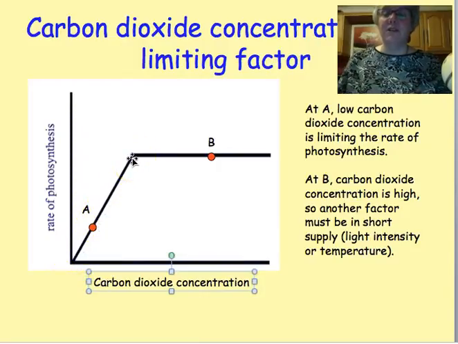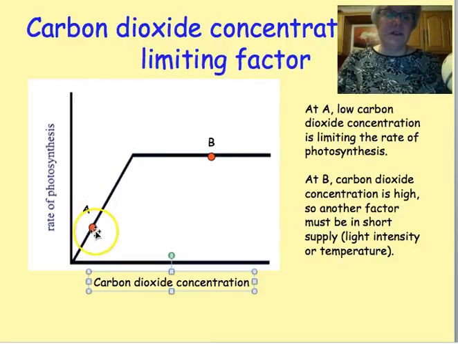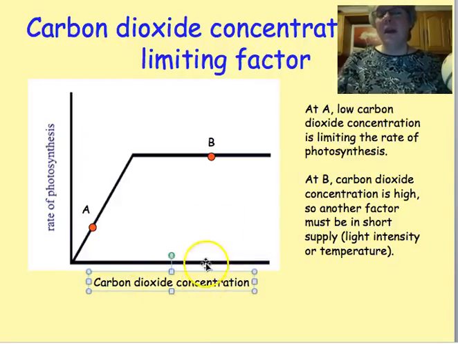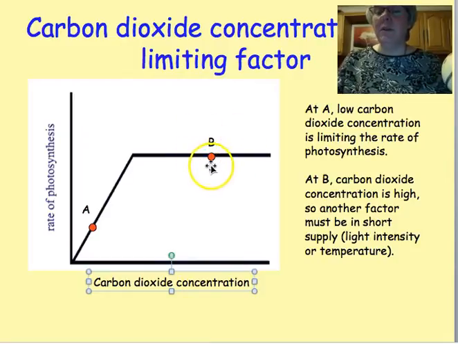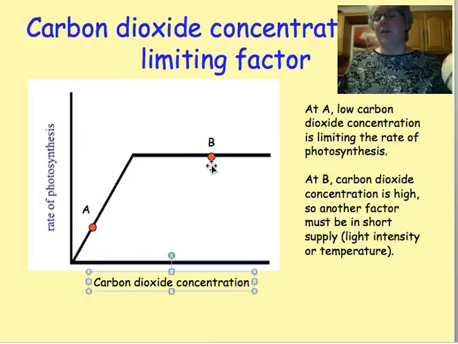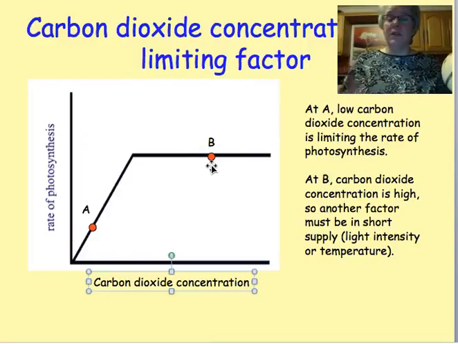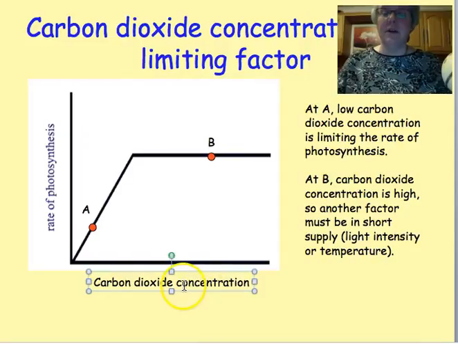So if the question said what is limiting photosynthesis at point A, the answer would be carbon dioxide concentration. If the question was asking what is limiting photosynthesis at point B, the answer would be either light intensity or the temperature, something other than the carbon dioxide concentration.